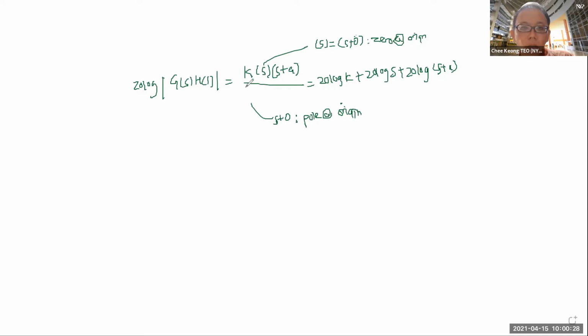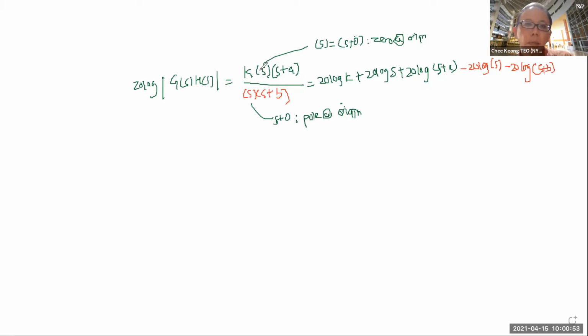So this is S and S plus B. When it comes to the numerator, it's all added together. But when it comes to the denominator, it becomes minus 20 log S, and of course, minus 20 log S plus B.